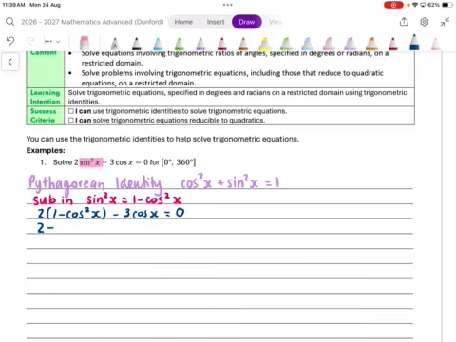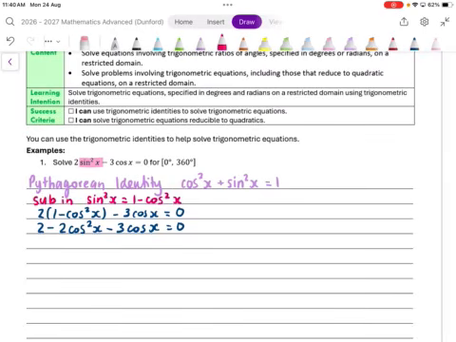If we expand our bracket, we get 2 minus 2 cos squared x minus 3 cos x equals 0. Now, when we write an equation, we write it from the highest power to the lowest power, and when it's a quadratic, we generally also want our highest power, the coefficient of x squared, to be positive.